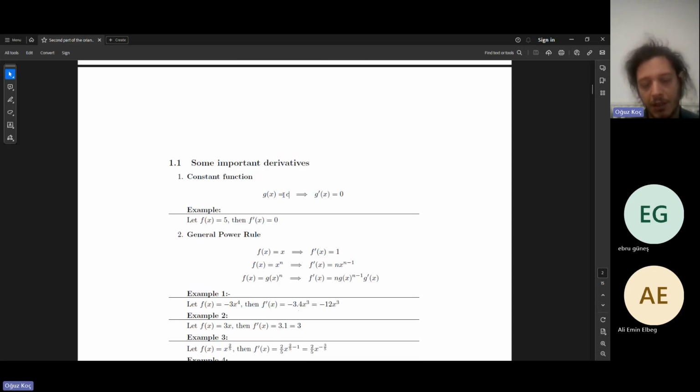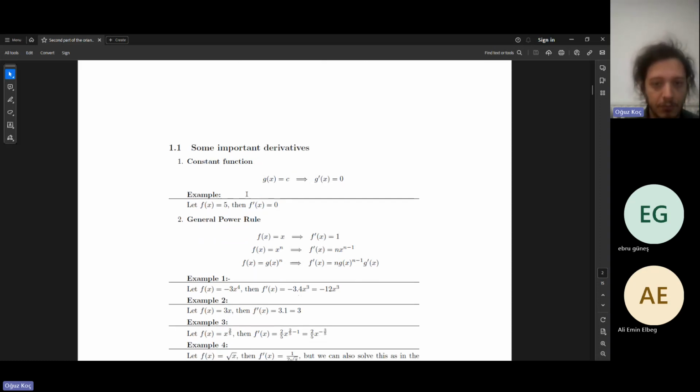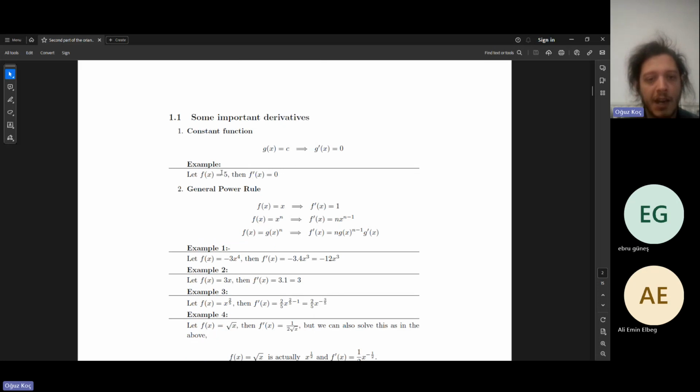If you take the derivative of c, it gives you 0. Whatever the value of the constant is, it always gives you 0. And we have an example. We assume here that if f of x equals 5, then the derivative equals 0.